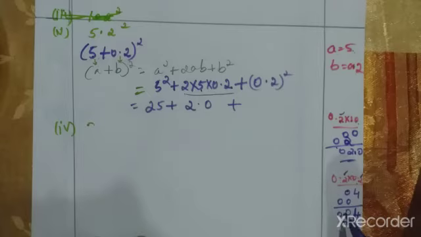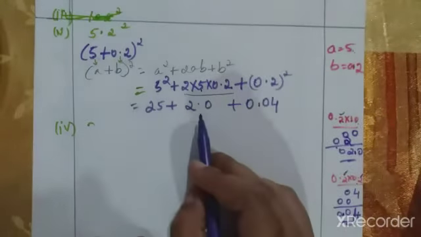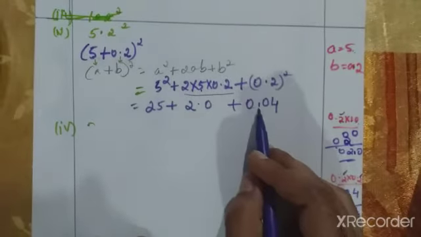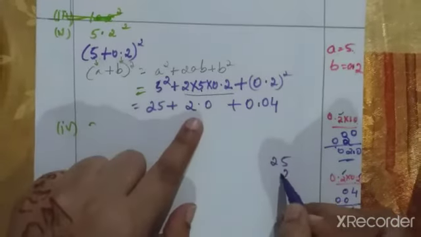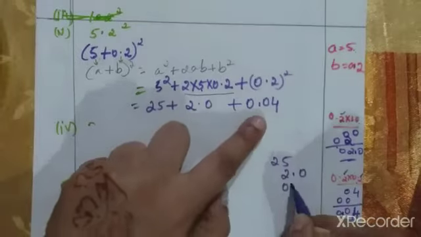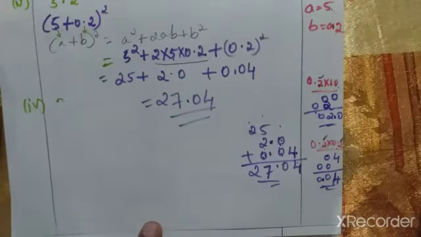So the answer is 0.04. Now we have to add 25 plus 2.0 plus 0.04. The total is 25, 2.0, 0.04.